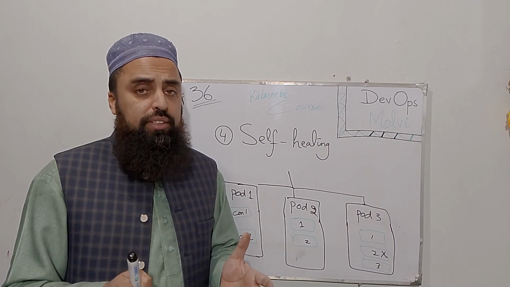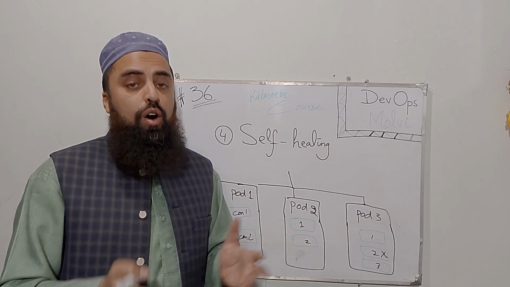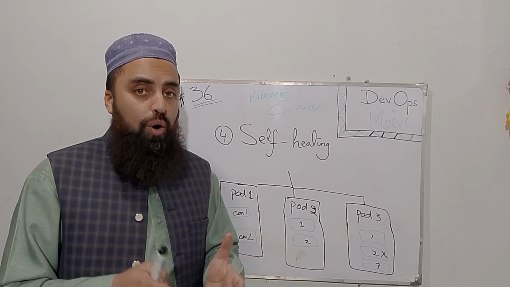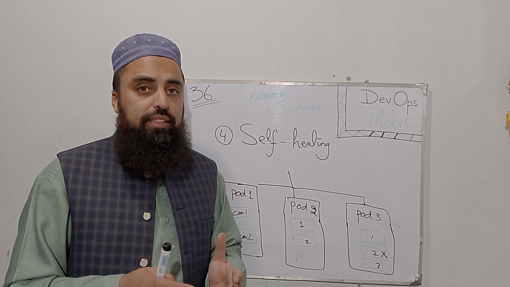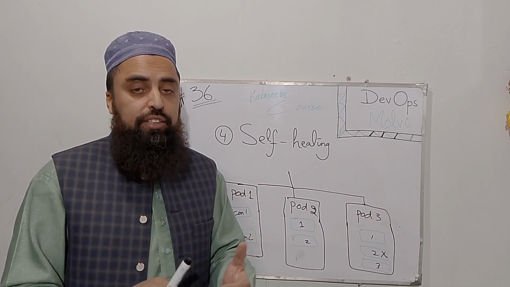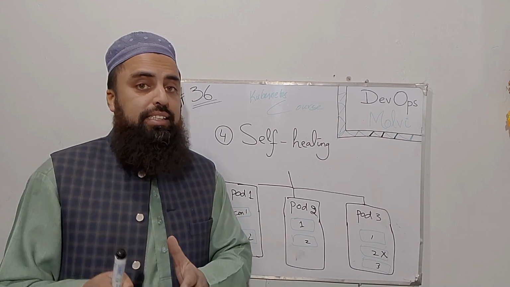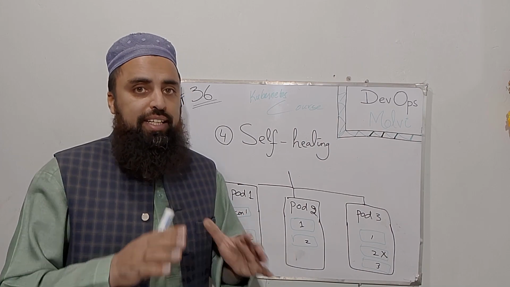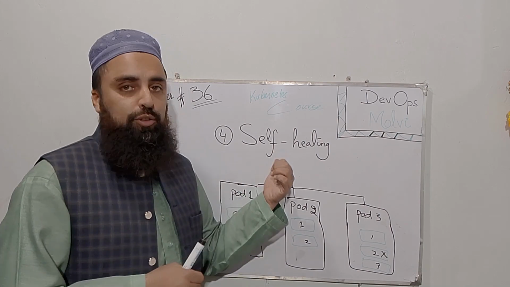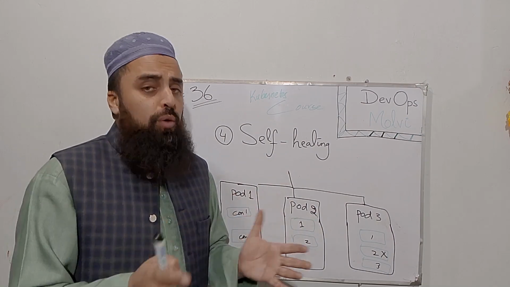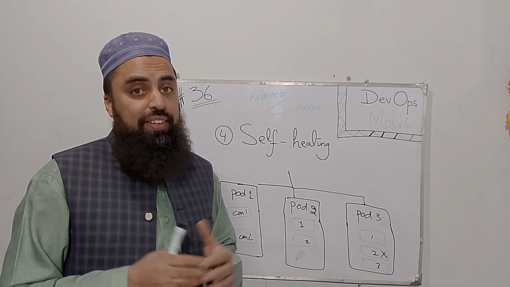For any reason, if any worker node or container inside a pod is failing, Kubernetes will restart or fix the issues, and it will redeploy the container to its desired state when everything is all good. So this whole process is known as self-healing.